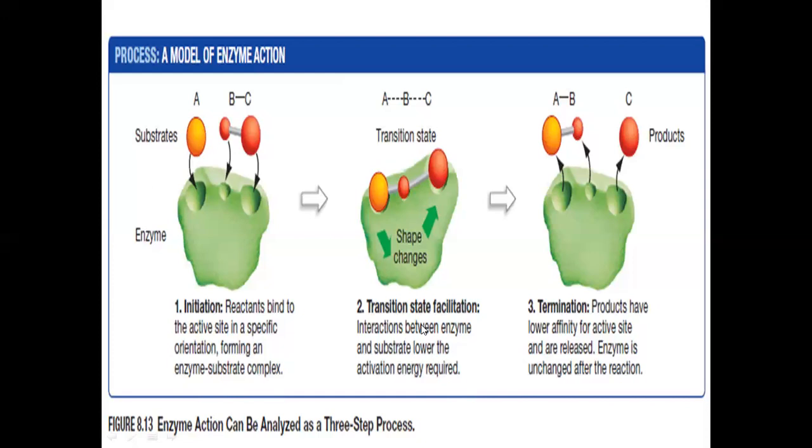And then we have the transition state facilitation. In the reaction, in the transition state facilitation, there is an interaction that occurs between the enzyme and the substrate, which lowers the activation energy that is required. We are talking about the degree of interaction between the substrate and enzyme.